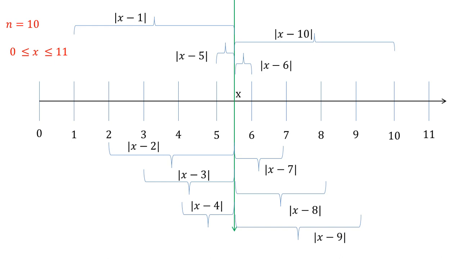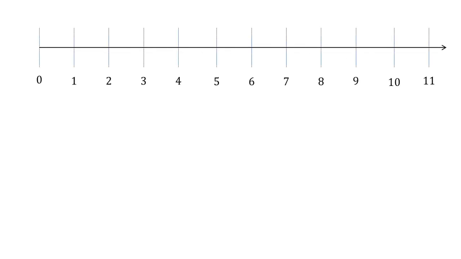As one can see, for this particular x, which lies between 5 and 6, the nearer points are 5 or 6, as other distances are clearly greater than these two. So f(x) computes the minimum distance of the point x from the points 1 through 10, for the example we are exploring.